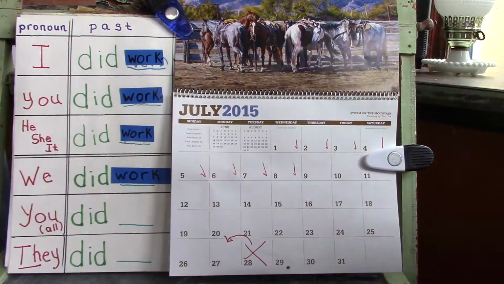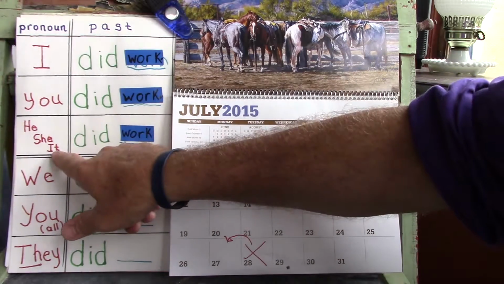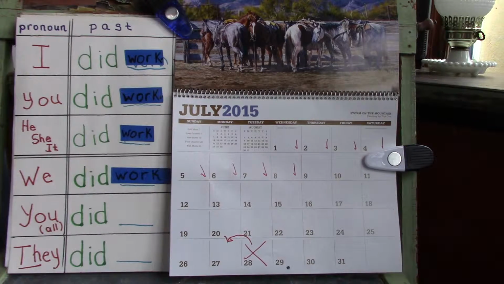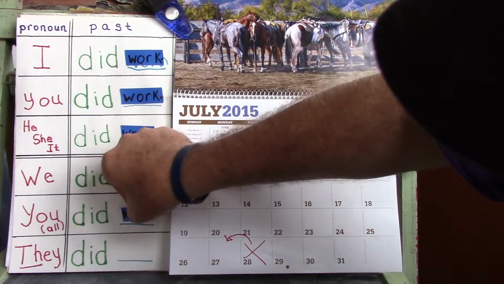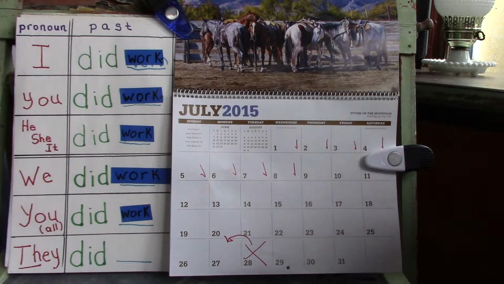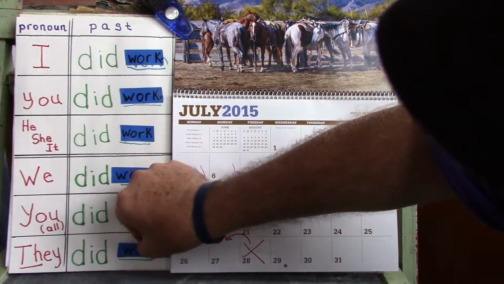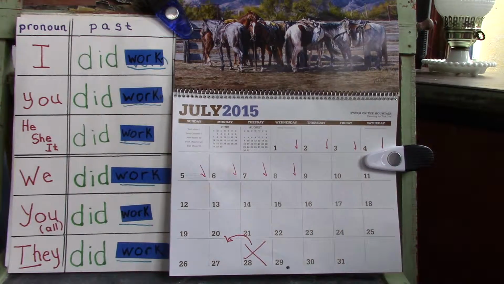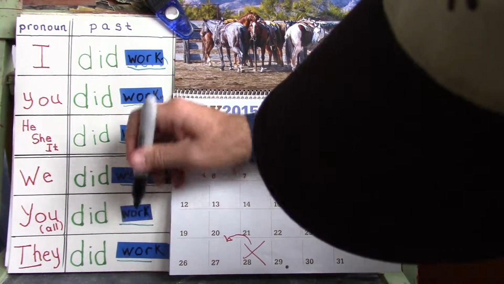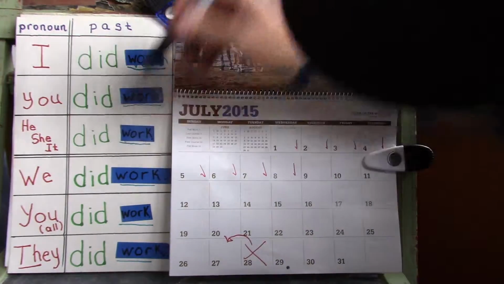Máquina, for example, it, máquina, did work, funciona. And you all did work, and they did work. And there we have our short little sentences. So we can put a period, period, period, period.